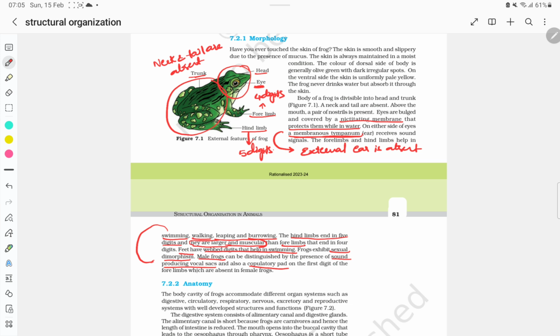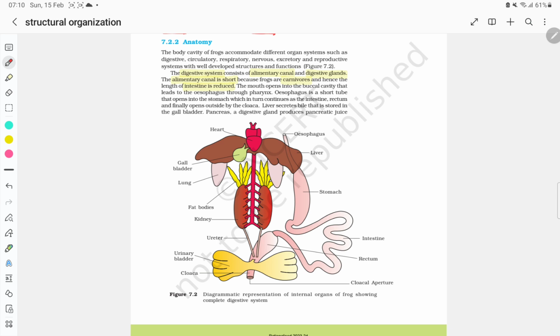Obviously, sound producing vocal sacs will be present in the head region, and the copulatory pad is present in the first digit of the forelimb. First digit of the forelimb has the copulatory pad, and these are absent in female frogs. So males have sound producing vocal sacs and the copulatory pad.